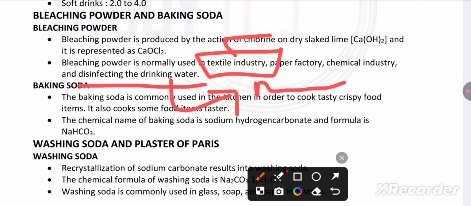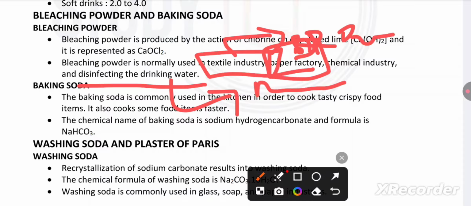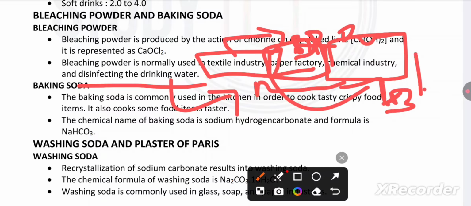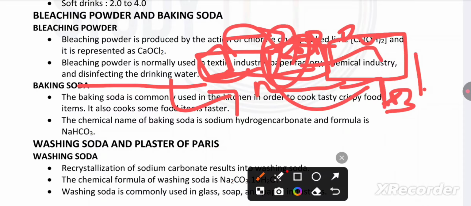In that, they use bleaching powder water. They will not buy mineral water or RO water, they will use bleaching powder water. Paper factory, chemical industry, definitely bleaching powder. Paper factory also, like textile, both are the same.